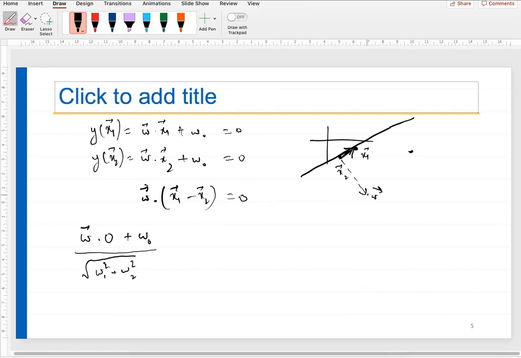basically you take this point, and just like you did for the origin, you do it for this point.